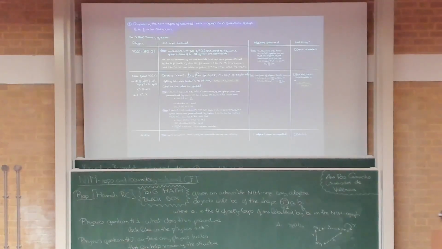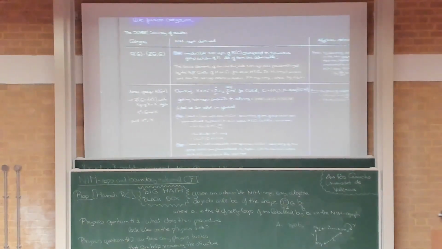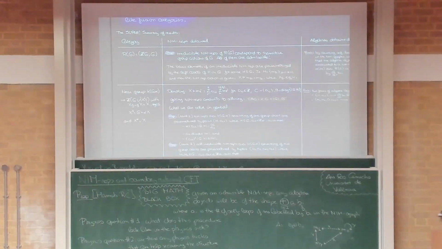But mainly this is telling you that for the pointed case, when your fusion ring is a group, every irreducible NIM-rep has basis elements parametrized by left cosets of H in G. So this is the shape of your basis elements, and you're able to construct the graphs.